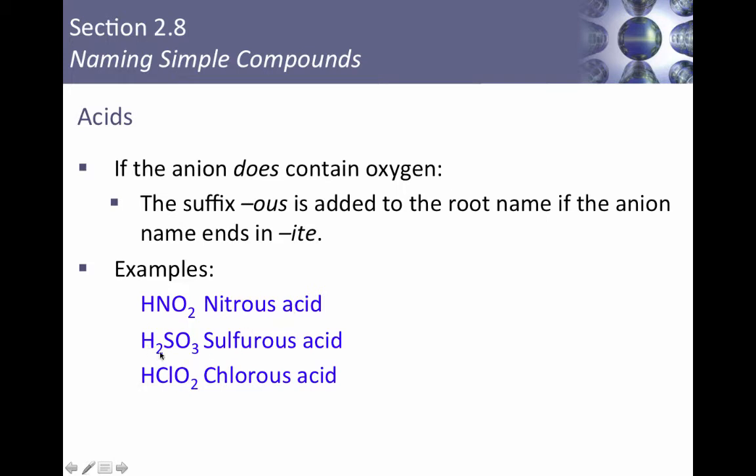Here we have H2SO3. SO3 is sulfite. And so we're going to remove the ite, and then we're going to add the ous. So again, with these, you just remove that ite ending and add the ous.